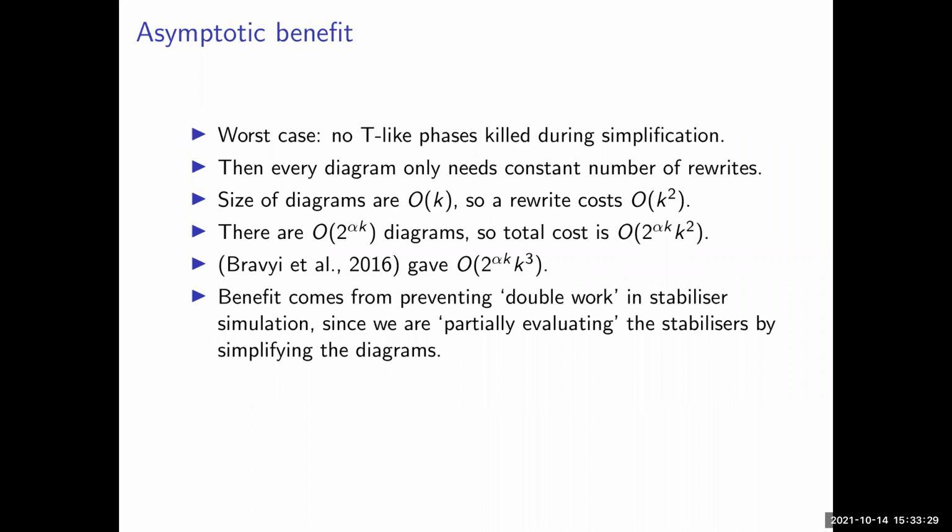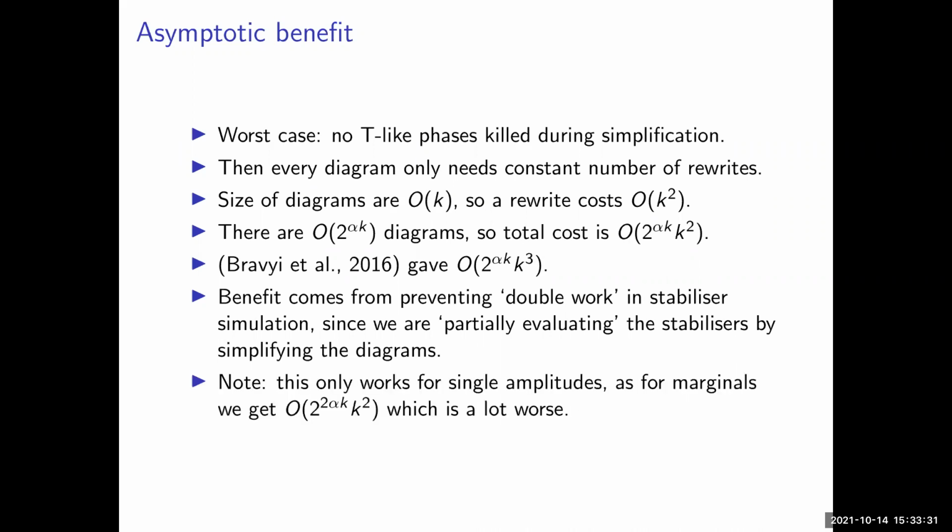Okay. There's an important caveat here, which is that this analysis only works when we're dealing with a single amplitude, because if we're dealing with a marginal probability, in our approach, we're doubling the diagram. So if we're not killing any T-like phases, then we actually have 2 alpha k. So then we have something that's exponentially worse than what we get here. Okay, but again, in practice, we don't see this 2 alpha k because we get a lot of optimizations.